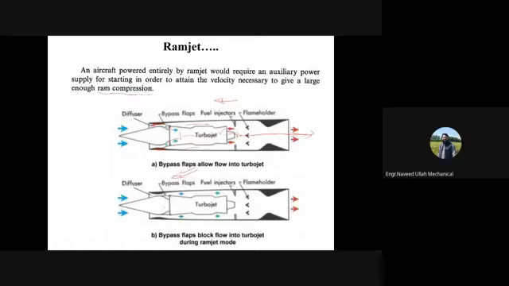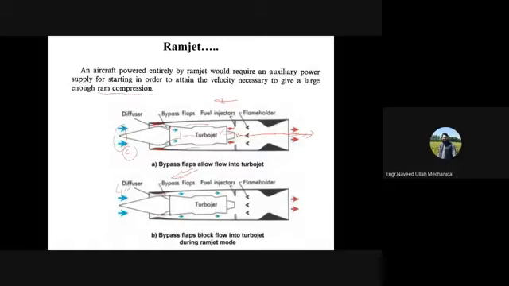तो यहाँ पे in this diffuser, for example initially when it is fired it is having very low velocity, but after some time it gains velocity and this C1 is now more. It can take this as a ram compression, and now the turbojet is not working.